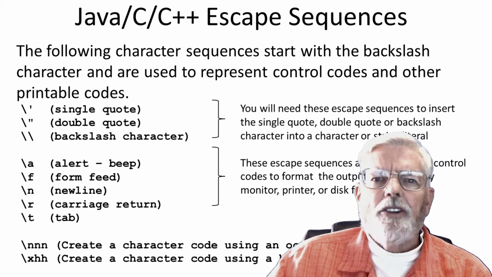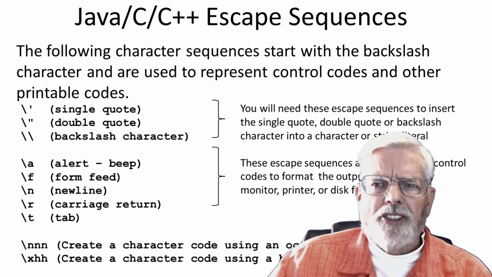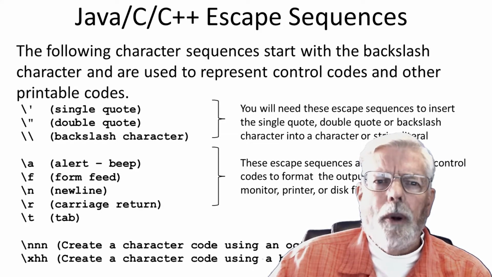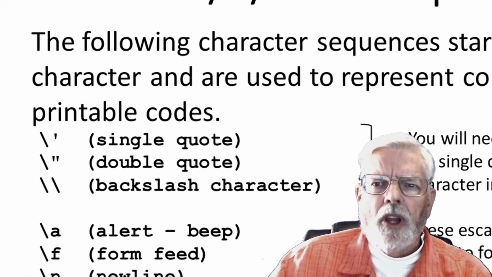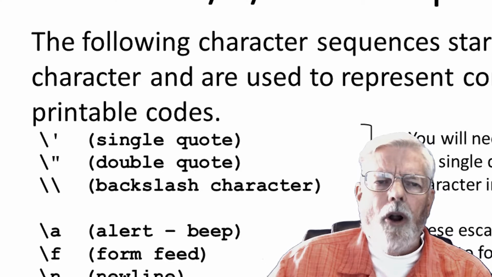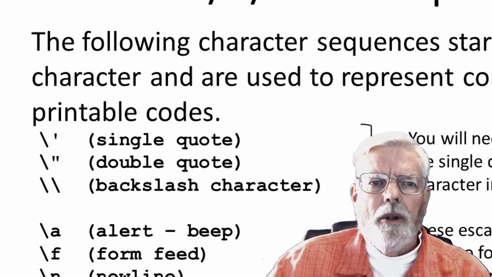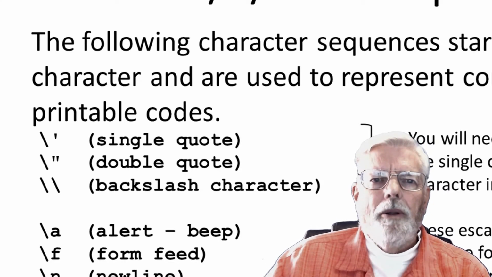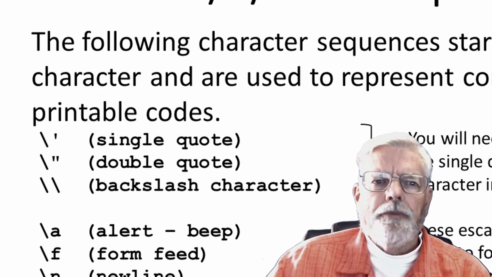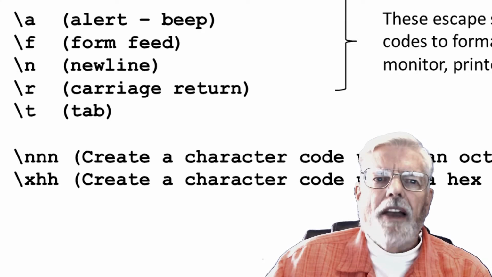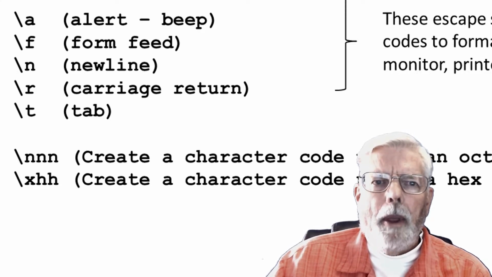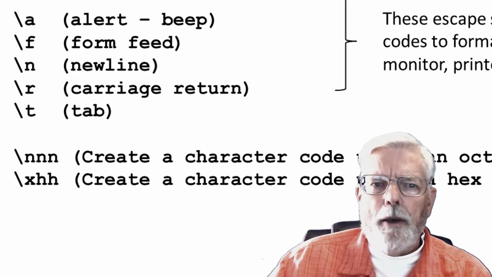The following character sequences start with the backslash character and are used to represent control codes and other printable codes. Some of the important ones to remember are backslash single quote, backslash double quote, backslash backslash, backslash n for new line, backslash r for carriage return, backslash t for tab.